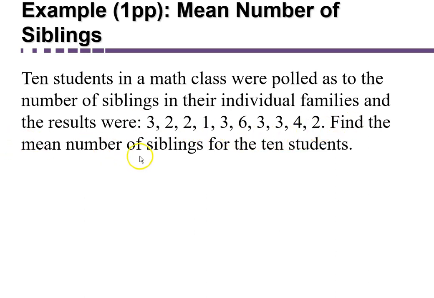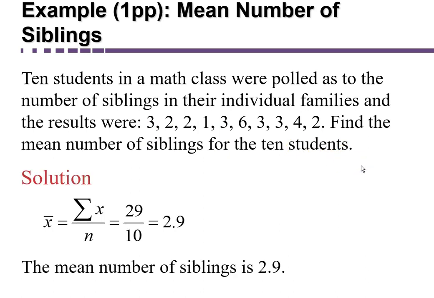Find the mean number of siblings for the 10 students. So you're just going to add all of these up. Now, when you do that, the sum is 29, and there are 10 students polled, so the mean of this group is 2.9.